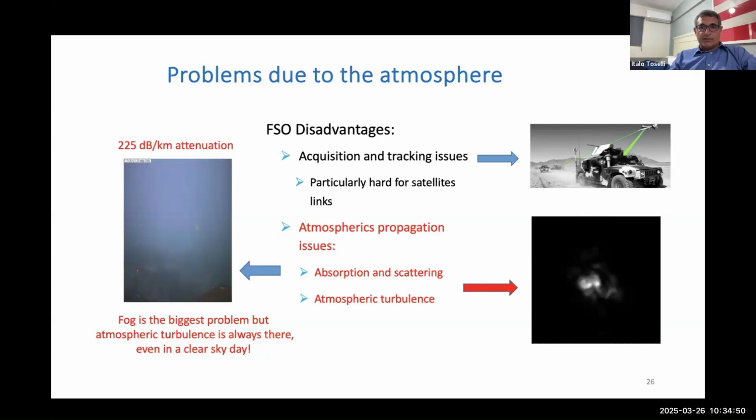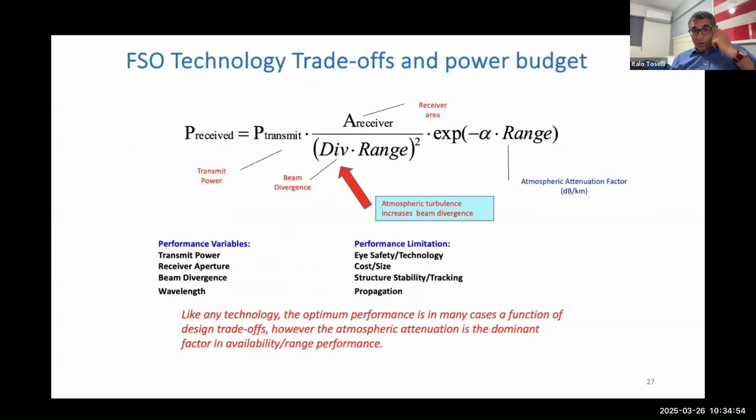in order to build your system correctly. Okay, so what I would like you to see here, I have a few slides to go, I think I'm on time. This is the well-known equation for the link budget. When you want to build up a system, you have to receive a certain amount of power at the receiver.